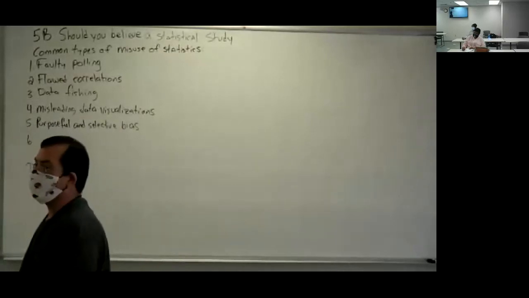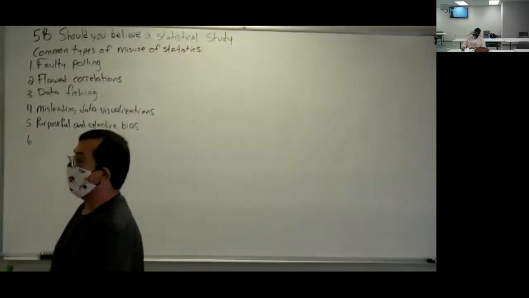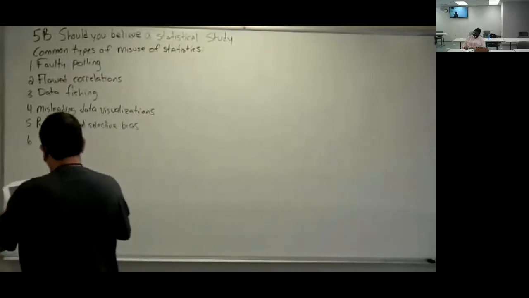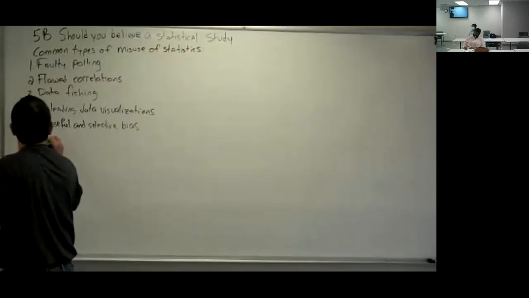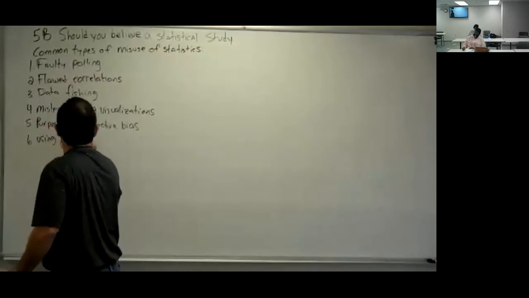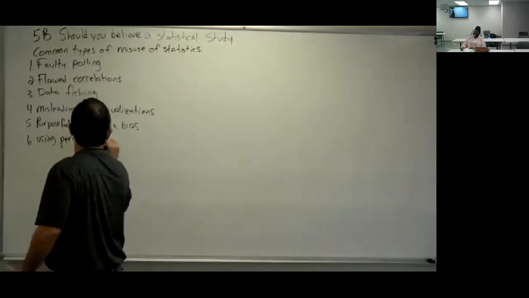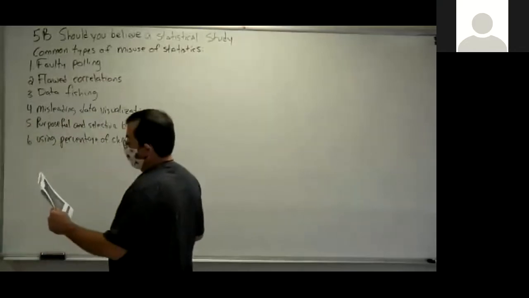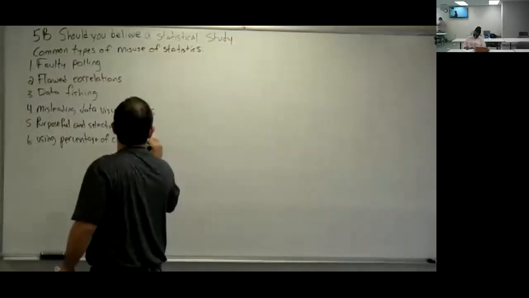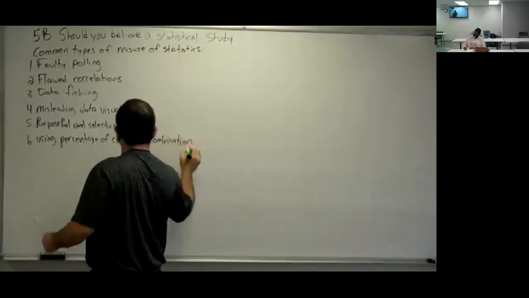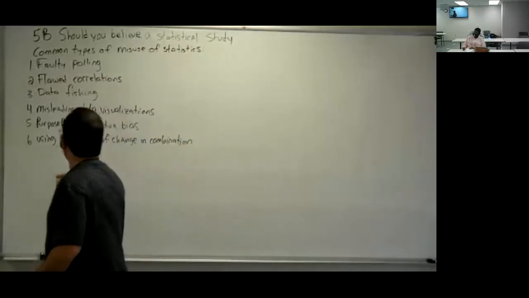Remember, bias is when you favor stuff, right? Some people might be biased because they're really strong for it or favoring it. The last one, using percentage of change in combination with a small sample size.